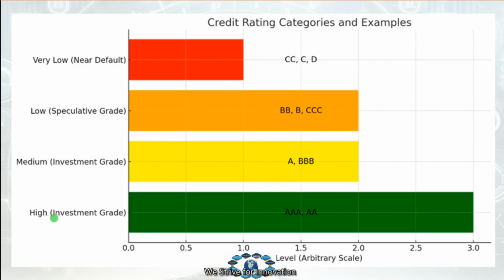High investment grade is AAA, AA, with a risk level scale. Medium investment grade is A, BBB, then low and very low, which is near default.